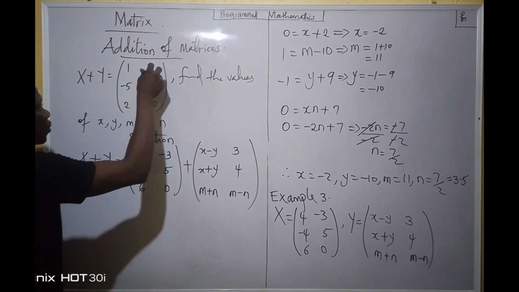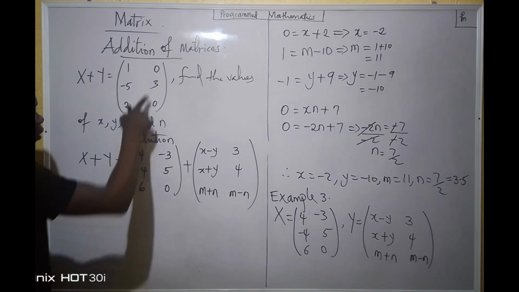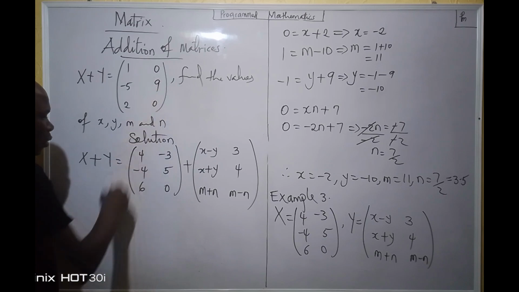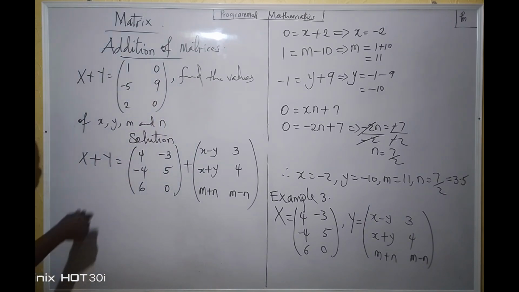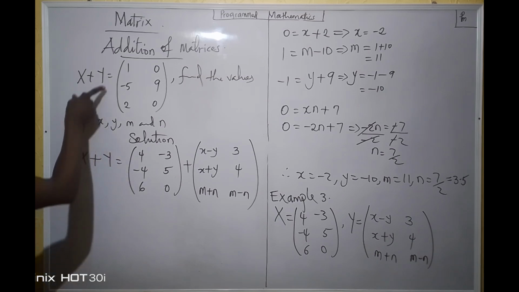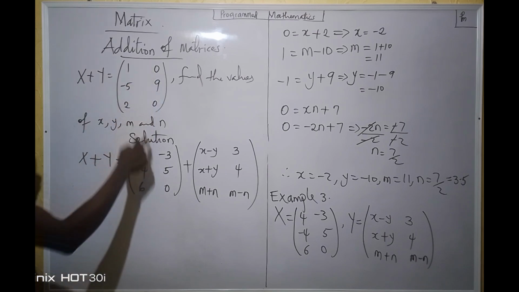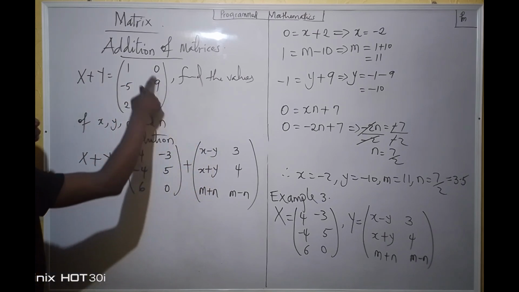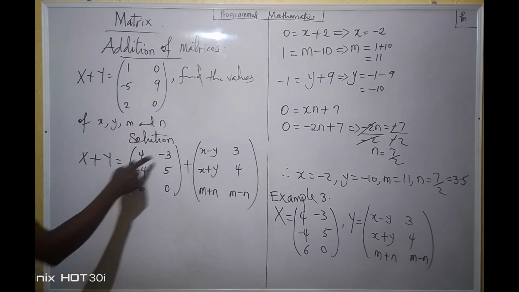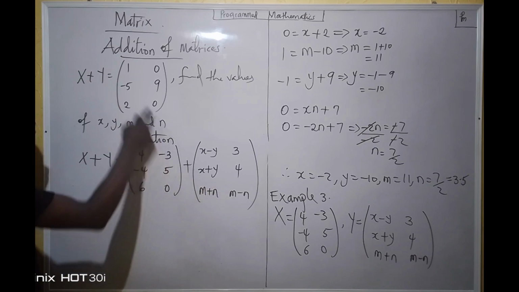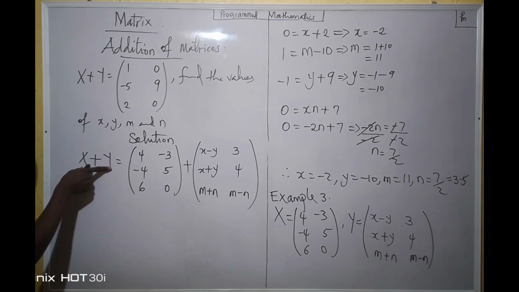This should be 0. Okay, that's 0. This should be 9. Alright, so those are just the simple changes there. Now, X plus Y is equal to this. You should ask the question, why do I have to change those two values? You can see from here, minus 3 plus 3 should be 0. 5 plus 4 must give 9. As long as you don't know what x, y, m, n are, these ones can stay the way they are. So, X plus Y here now is this.